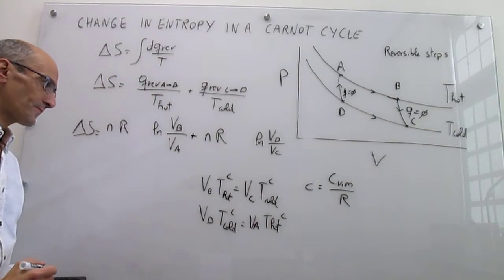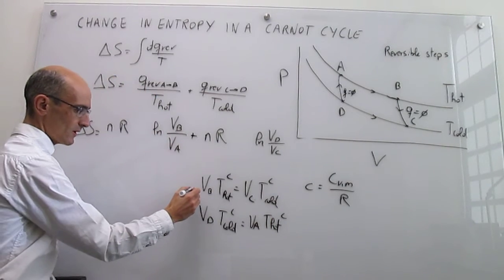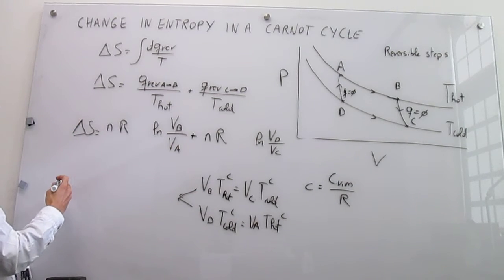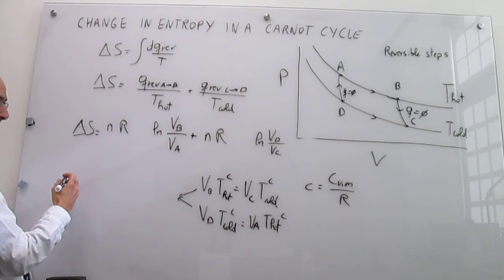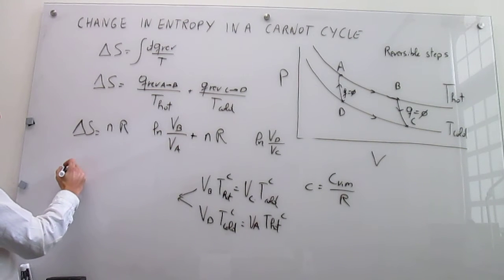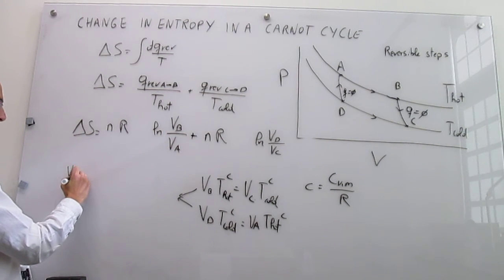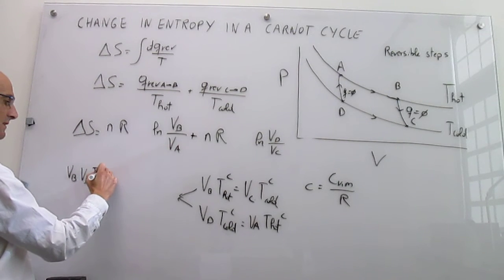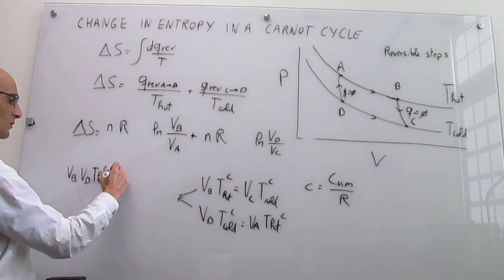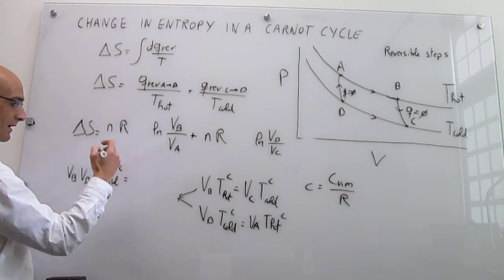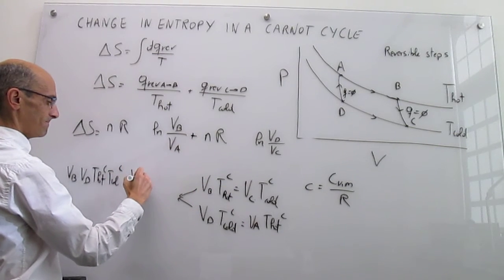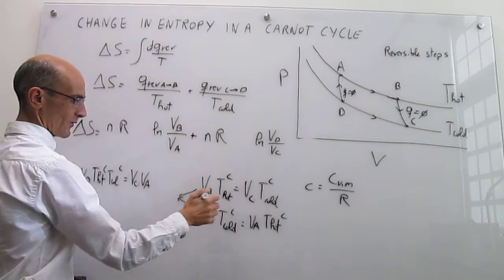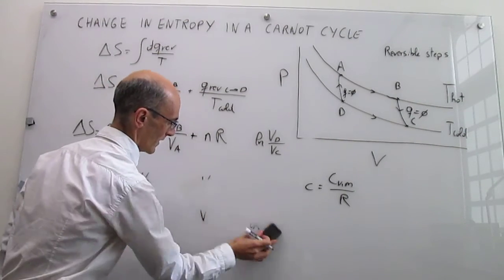Okay, now what we actually do is consolidate this by multiplying the top expression by the bottom expression. All right, so that is going to result in V sub B multiplied by V sub D, and then T hot to the C over T cold to the C, and this is equal to V sub C times V sub A multiplied by the products of the temperatures, which I'm just going to write out here.